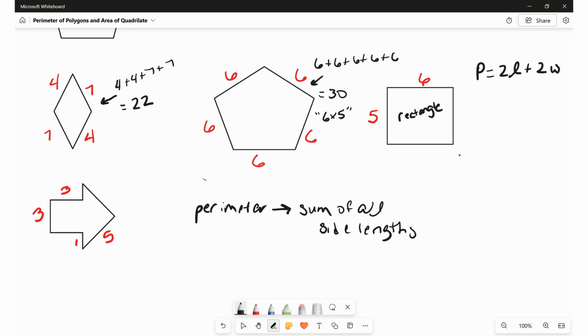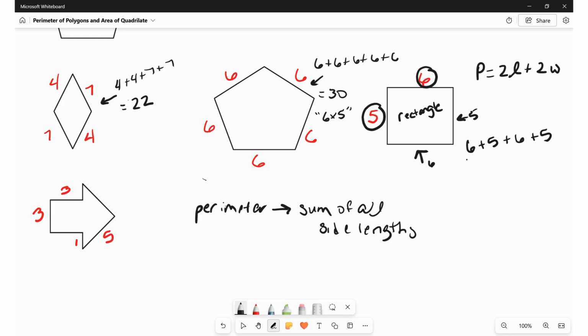Since this figure right here is a rectangle, that means that this side is equal to this side, and this side measure is equal to this side measure. So if we think about it, it would just be 6 plus 5 plus 6 plus 5, because this would have to be 5, this would have to be 6.